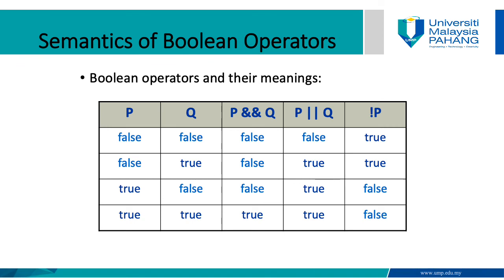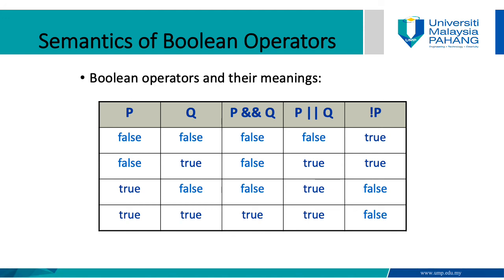And now the semantics of Boolean operators. In this table is the list of the semantics of the three Boolean operators. Let's look at the second, third, fourth, and fifth columns of this table.